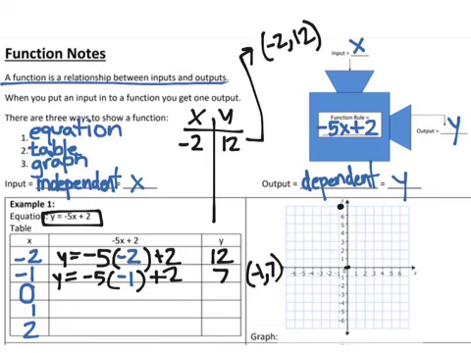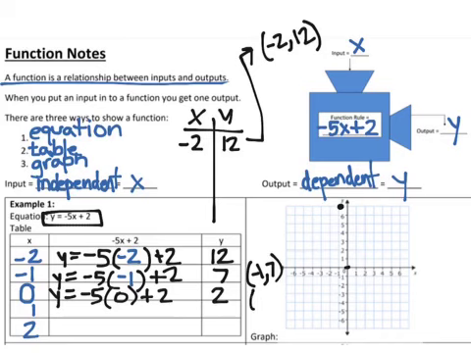Alright, let's try 0. We've got y equals -5 times 0 plus 2. And what's -5 times 0? Well, that just leaves us with 0 plus 2 is 2.